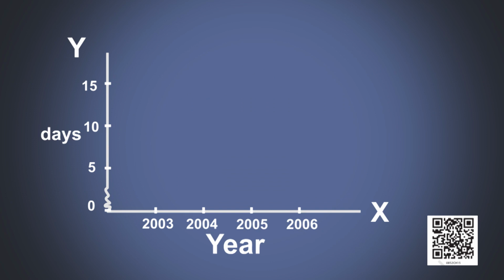First, let us represent the data by points. In 2003, you have 8 days of snowfall. In 2004, 10 days. In 2005, 5 days, and in 2006, 12 days of snowfall. Then connect these points by line segments.